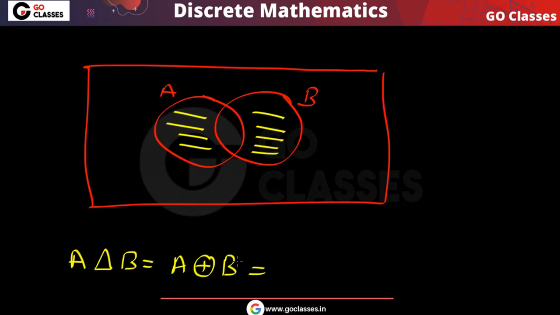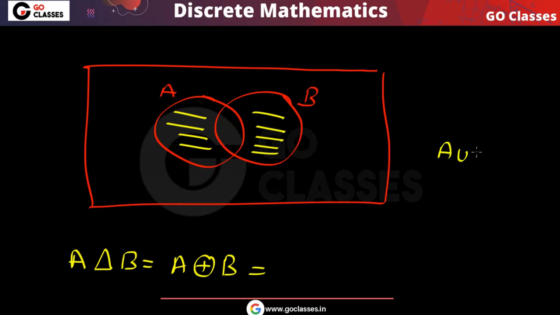This white area is A exclusive OR B, because it contains those elements which are in exactly one of these, only in A or only in B.